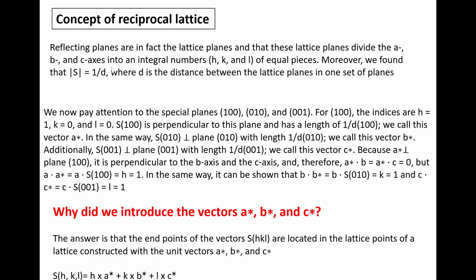Okay, so d is the distance between two lattice planes in real space, and the scattering vector magnitude is 1 by d.